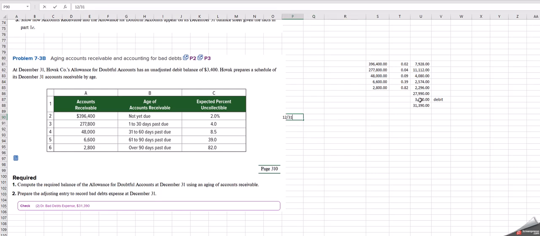So our journal entry, again, at the end of the year, we are going to debit bad debt expense, and then we're going to credit the allowance for doubtful accounts. And it is going to be a debit of 31,390 to the bad debt expense, and then 31,390 credit to the allowance for doubtful accounts. So again, it just puts it into a little bit more detail. So that is our Chapter 7 review.